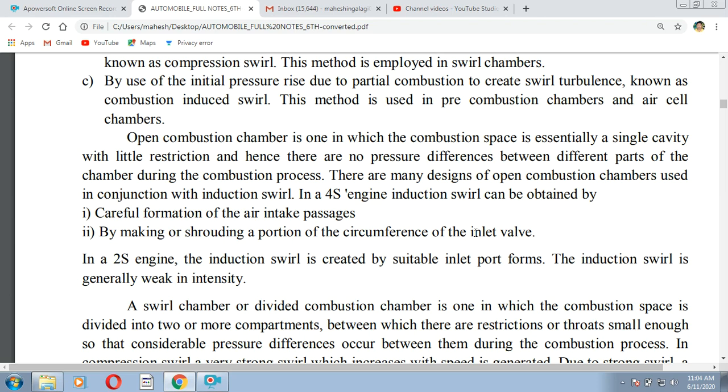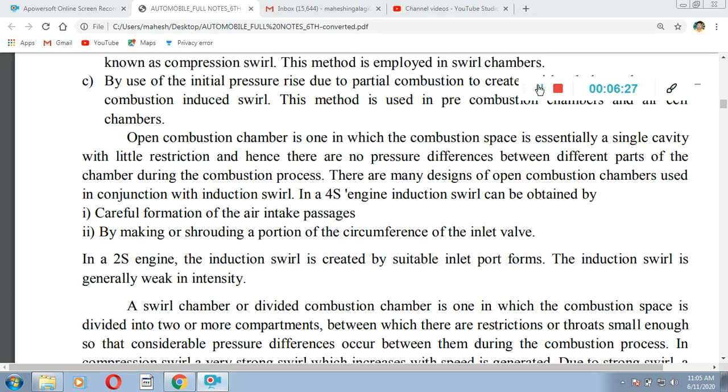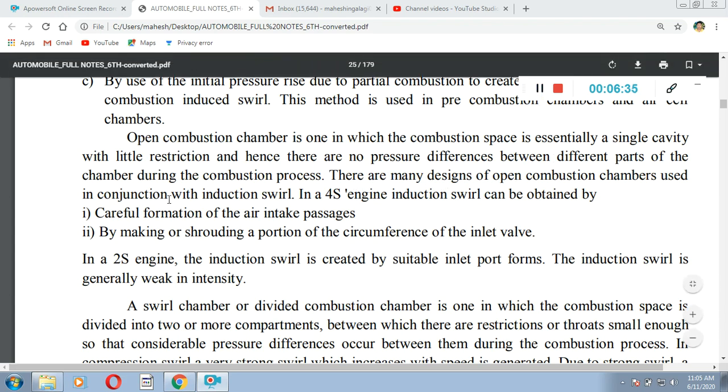There are many designs of open combustion chambers used in conjunction with induction swirl in four-stroke engines.